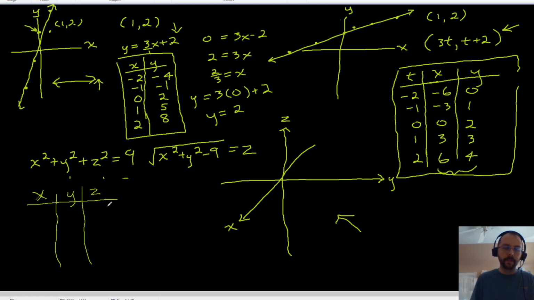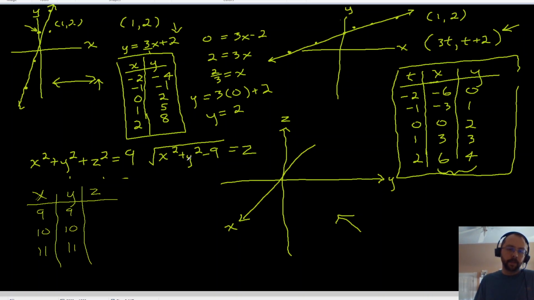Now, I'll still just pick 3 sets of numbers, but we know that 9 is going to give us 0 for our z. So let's try 9, 10, 11, and 9, 10, 11.